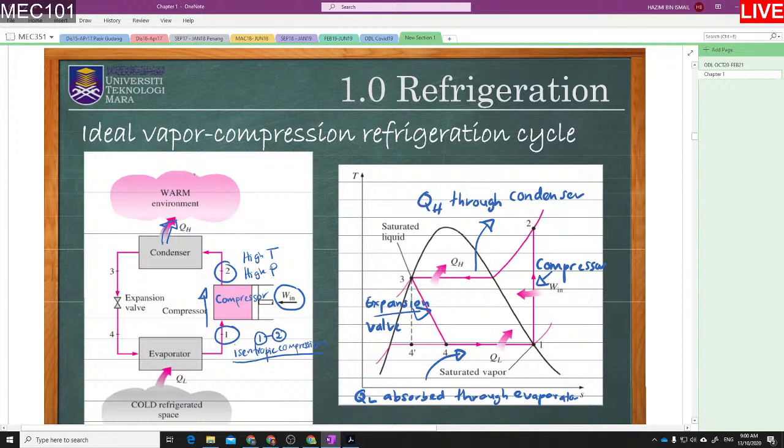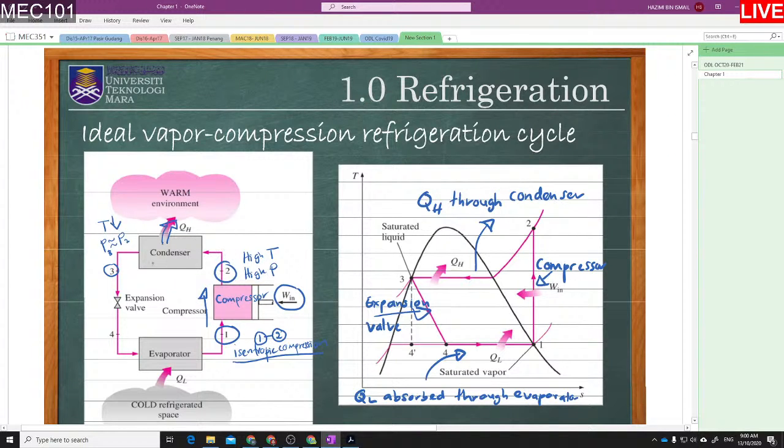So when it releases heat, the temperature after the condenser at state 3 also reduces. The pressure is the same, but in real life it will drop slightly. Okay, so at state 3 we have low temperature but the same pressure as state 2.